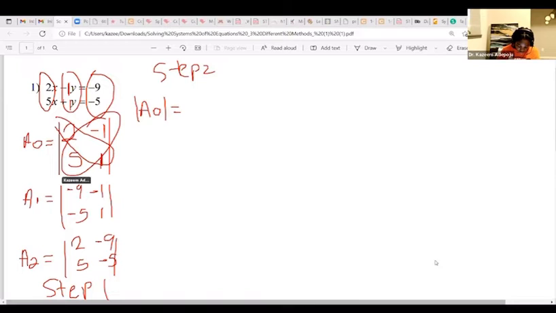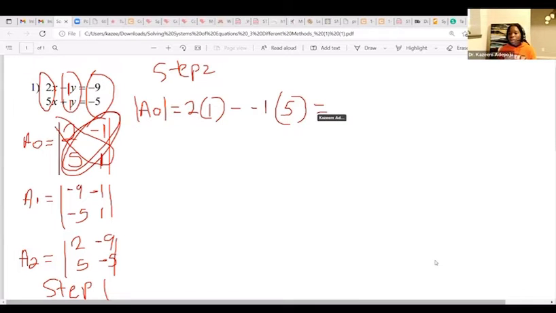So 2 times 1, and then you put a minus. Each time you multiply, you put a minus. So it's 2 times 1 minus, and then the other cross multiply, which is -1 times 5.